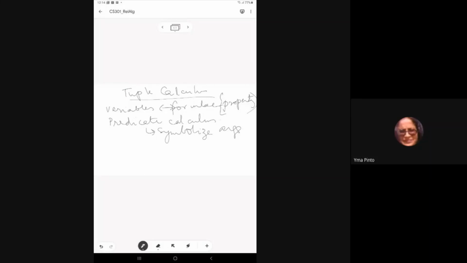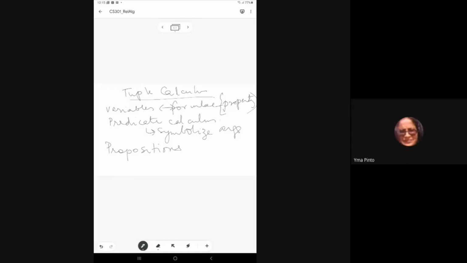So let's give you an idea. These logical arguments, when we put up an argument, are basically called propositions. A proposition is a property of an object.